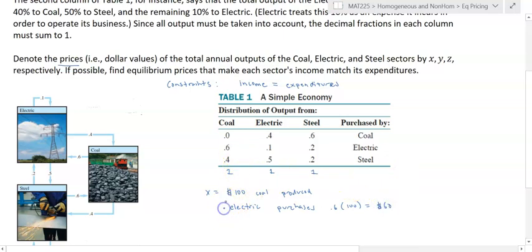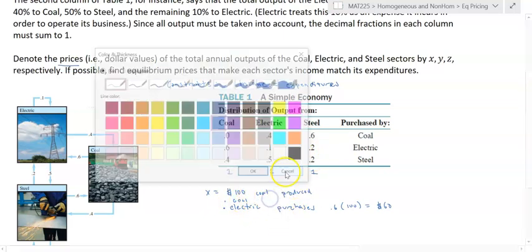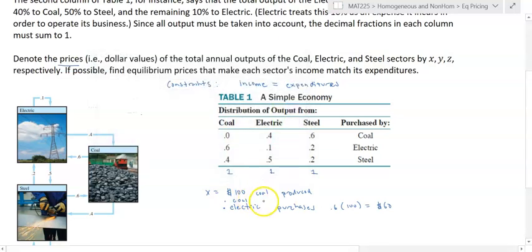We do the same thing for coal's expenditure on coal, which is 0% of that 100. So basically they do not have, oops, that should be $0.